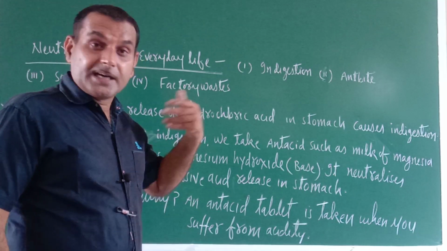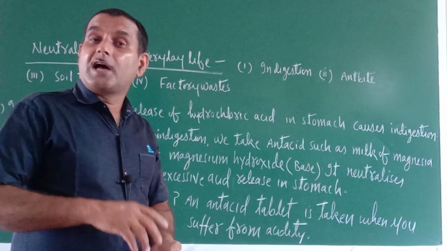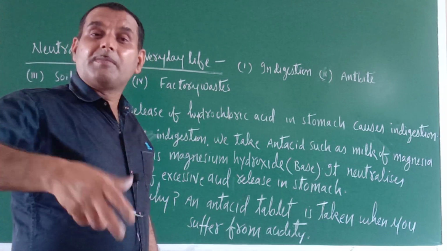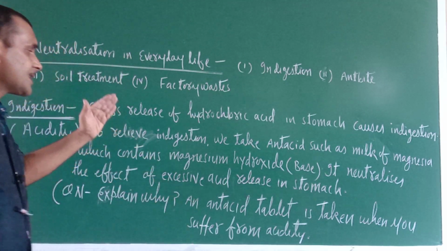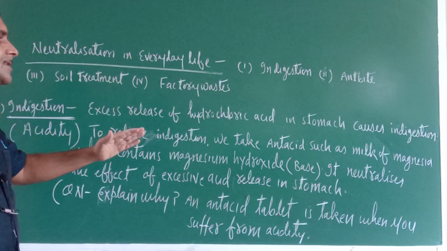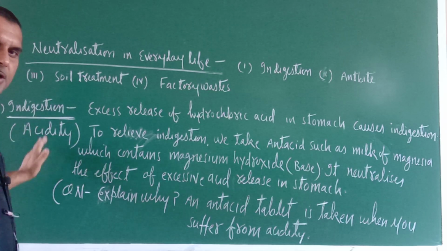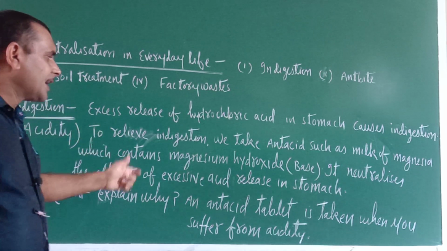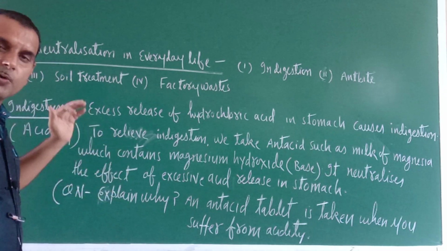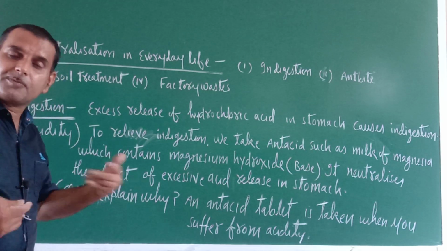Then digestion won't be there. To digest that food, the stomach has to release excessive acid. So excess release of hydrochloric acid in the stomach causes indigestion. This is called acidity. To relieve indigestion, what are we doing?